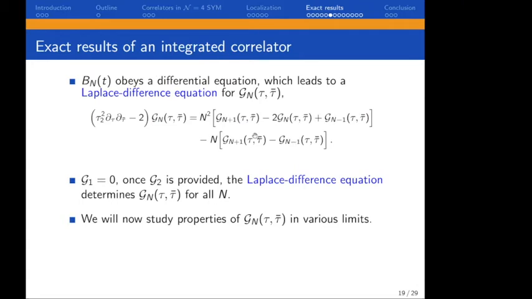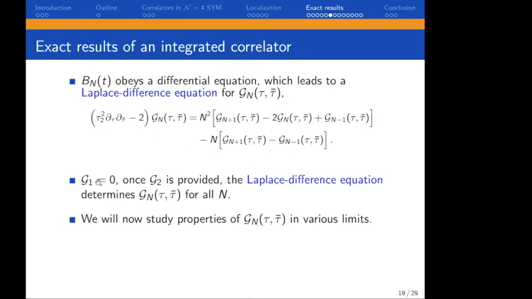So we call it the Laplace difference equation because there's a Laplace operator acting on the integrated correlator, then related that to itself, but also the correlator with one more n, and one less n. So this is a two-step difference equation. I think this is quite a remarkable difference equation.